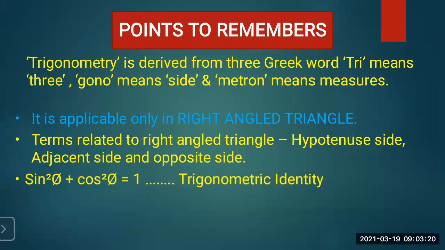It is very simple, and the substitution and solving of sums based on this identity is also very simple, but you have to be patient and concentrate on it. So what is the trigonometric identity? That is sin square theta plus cos square theta is equal to 1.